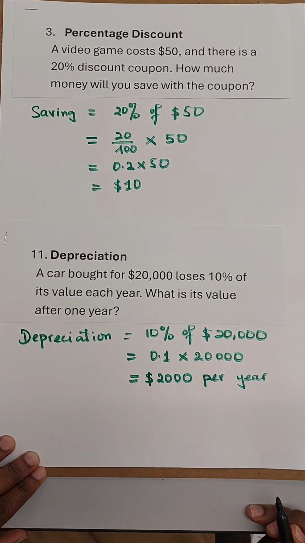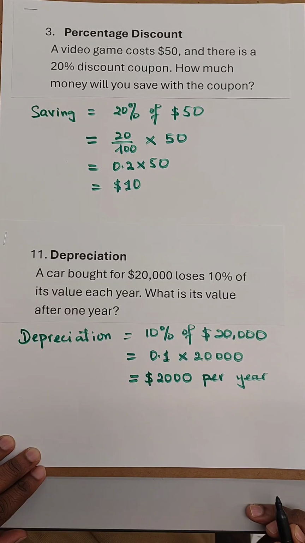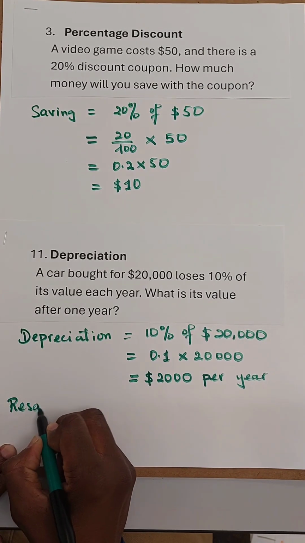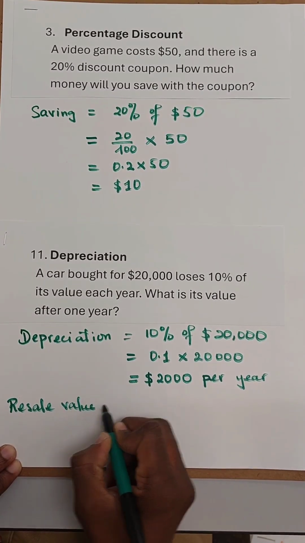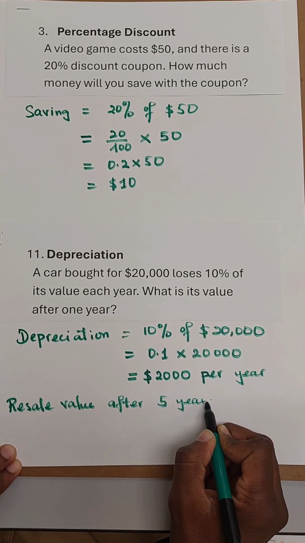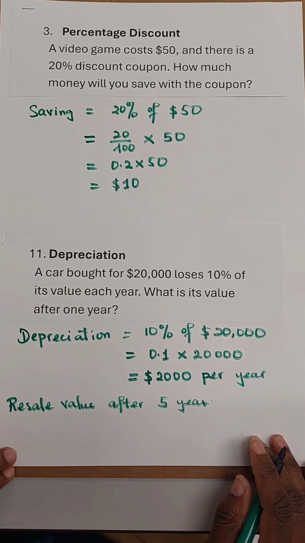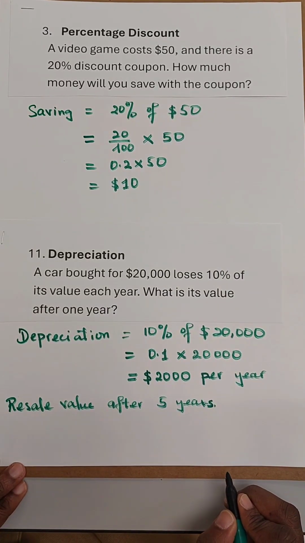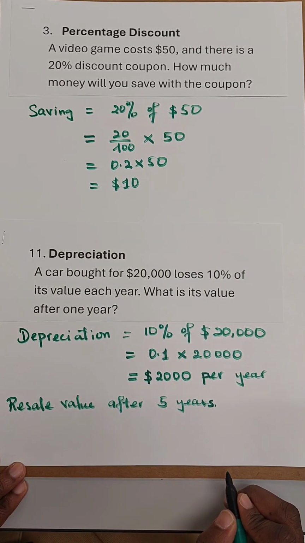So if you want to extend, after 2 years, the car would have lost a value of $4,000. If you were to resell after 5 years, resale value after 5 years. Okay, so let's try to estimate the resale value of that car after 5 years, considering that it is losing $2,000 of its value every year.